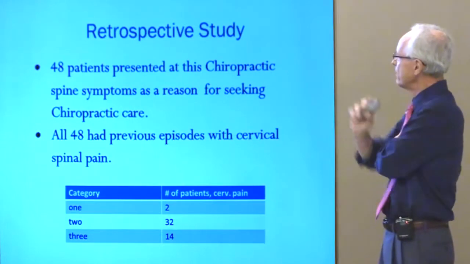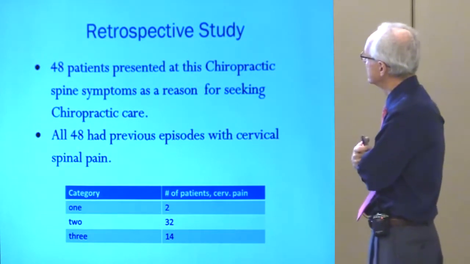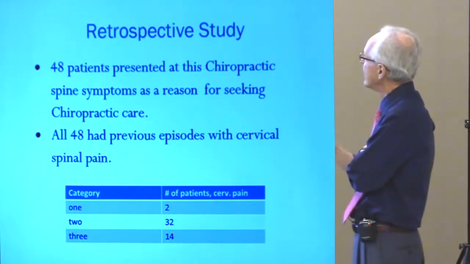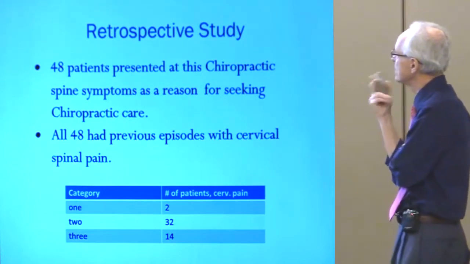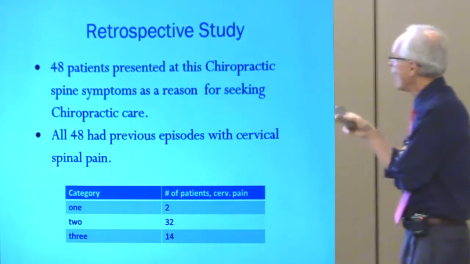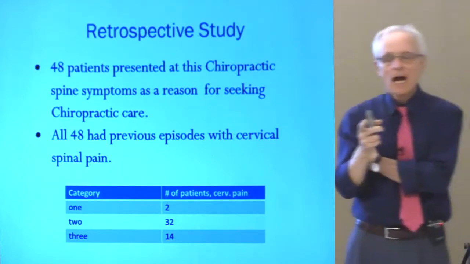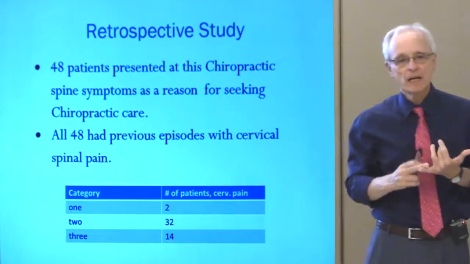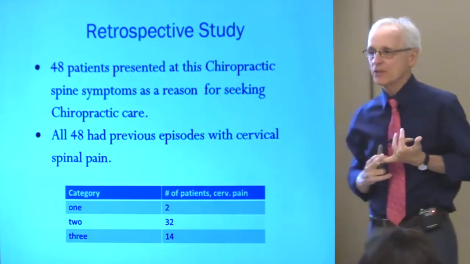Okay, so these 48 patients presented at my office. Somehow that got messed up, so there's a sentence missing in there. All of them had cervical problems. But here's an important fact: I eliminated people that were having acute episodic reactions in their neck.